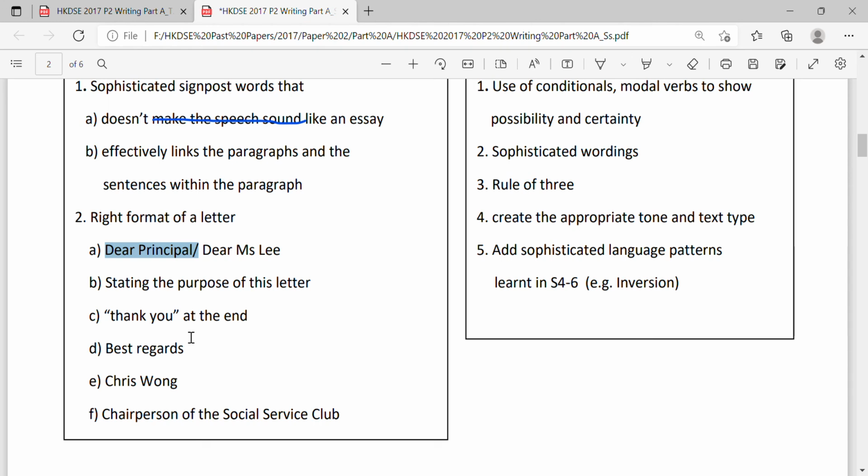Okay, you want a response, so you must mention looking forward to your reply. You end with best regards, which is always correct. And then Chris Wong, and I forgot to write one more Chris Wong here, which is the signed name, then the typed up name, and then the title of Chris Wong. So what kind of post he has in the social service club.